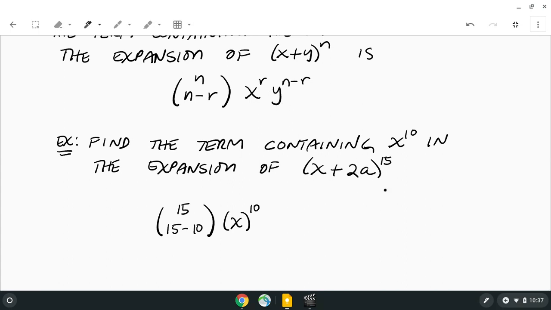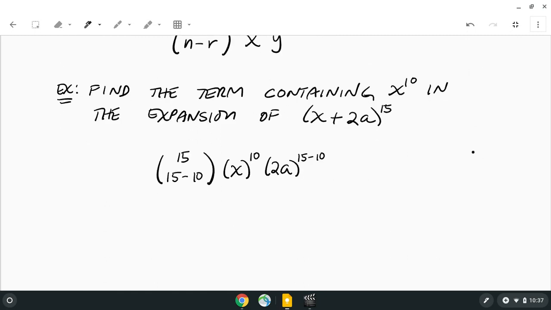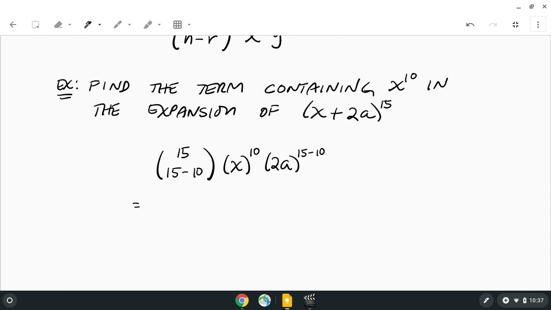So in this case, it's 2a. And then it's going to be n minus r, the larger exponent minus the smaller one. And then we go ahead and we work this out. 15 choose 5, x to the 10th. And then this here is 2a to the 5th.